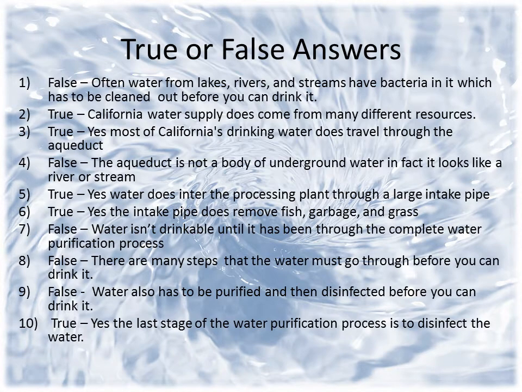How do you think you did on those true or false questions? Well, let's check your answers. Question 1 is false. Often water from lakes, rivers, and streams have bacteria in it, which has to be cleaned out before you can drink it. Question 2. It's true.